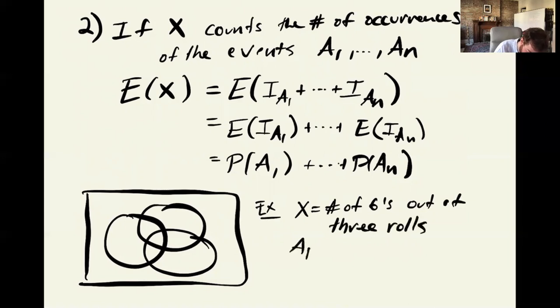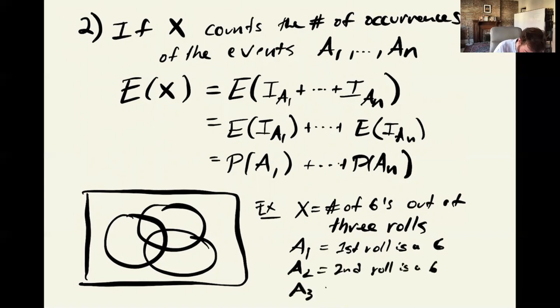Well, I could let A1 be the event where the first roll is a 6, A2 equal the event that the second roll is a 6, and A3 equal the event that the third roll is a 6.